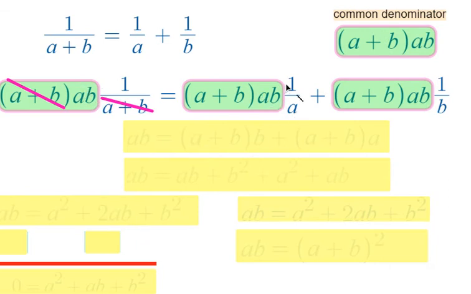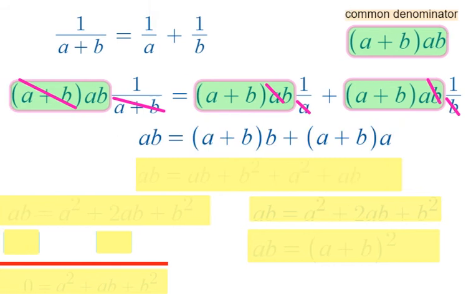In this fraction, 1 over A is going to make this A go away, leaving A plus B times B. 1 over B is going to make this B go away, leaving A plus B times A. When we clean it up, we're left with AB equals A plus B times B plus A plus B times A.